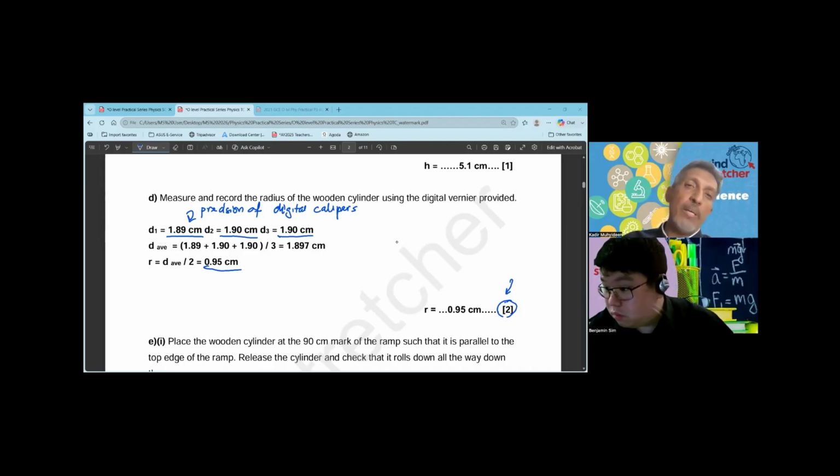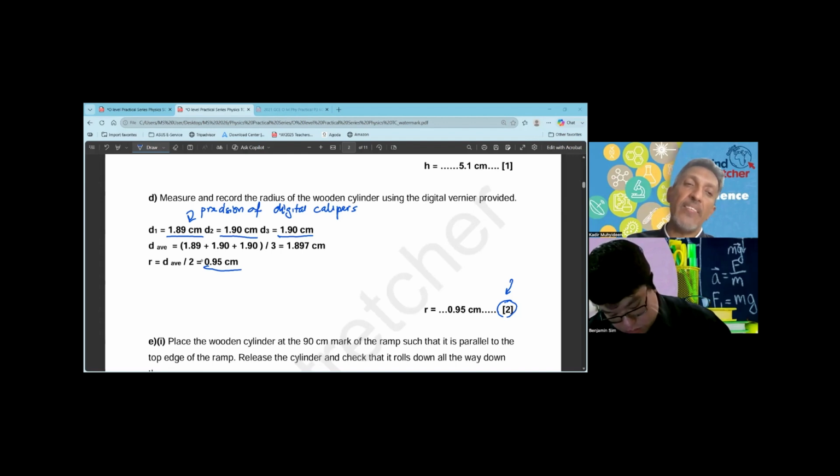Somebody asked about the SF here. If you notice this reading, a lot of us will think that this is actually 3SF, but because the one keeps repeating itself, this can be seen as 2SF or 3SF.